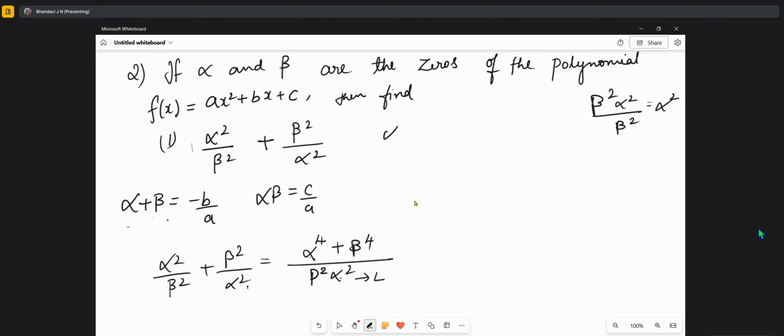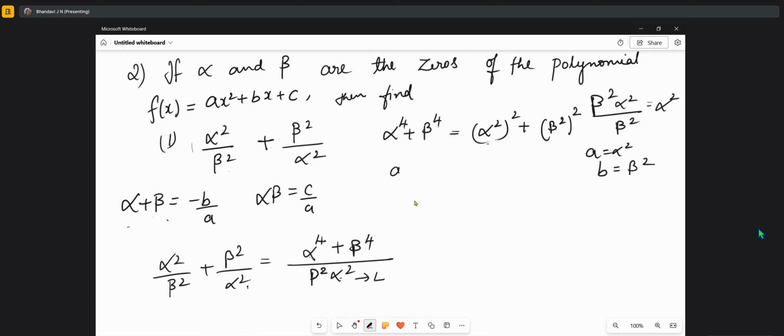See here, alpha to the power of 4 plus beta to the power of 4 is there, right? So I can write this as alpha square whole square plus beta square whole square, right? Now this itself I will take as a, and b itself I will take as beta square. So now this is in the form of a square plus b square.